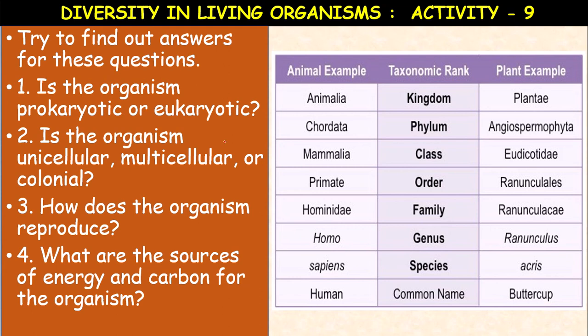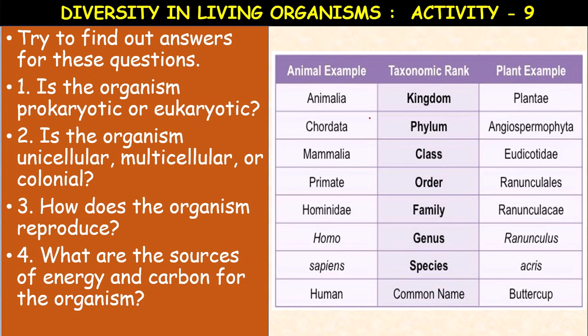After identifying, you have to give the name, and you can write the taxonomic rank also if possible. For example, kingdom Animalia, kingdom Plantae. Two examples I have taken here. One is human, and the other one is buttercup.